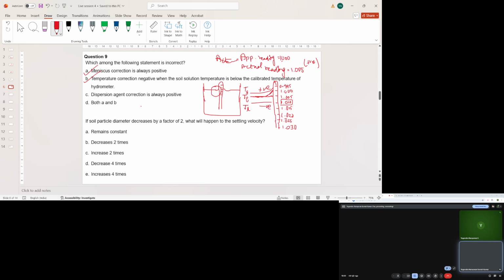So coming to the third option, dispersion agent correction is always positive. Once you add this dispersion agent, it tends to increase the density of the solution, which results in the dipping.